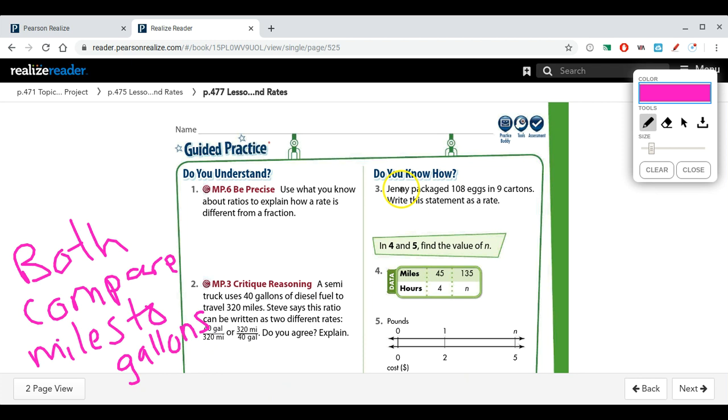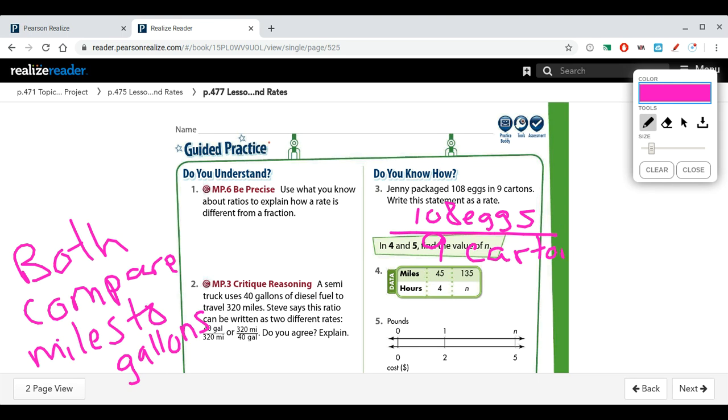Okay. Number 3, Jenny packed 108 eggs in 9 cartons. Write this statement as a rate. So we're going to write it as 108 eggs. And notice that with my rates, what I'm doing is I'm writing my rates in the fraction form. So it's 108 eggs for 9 cartons.